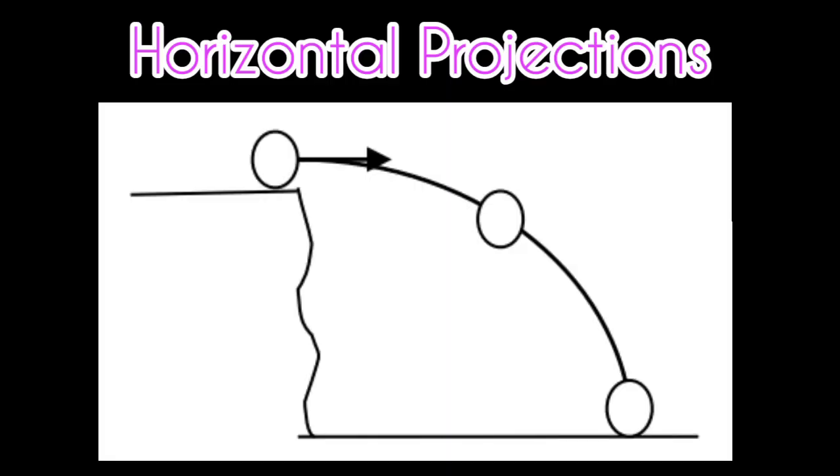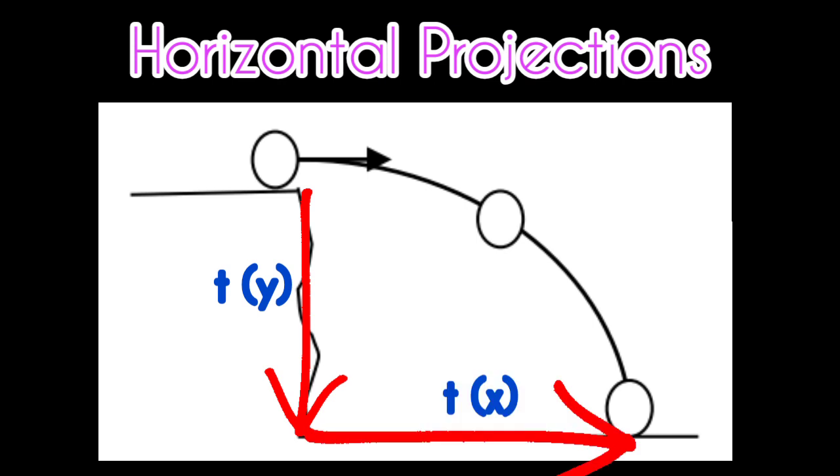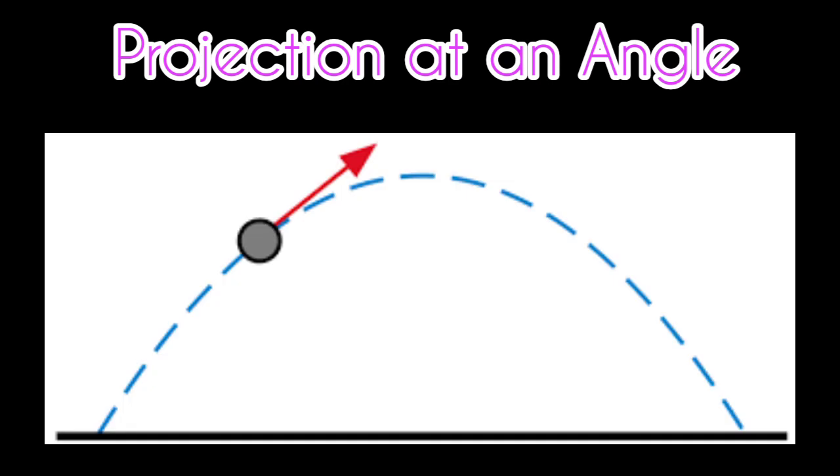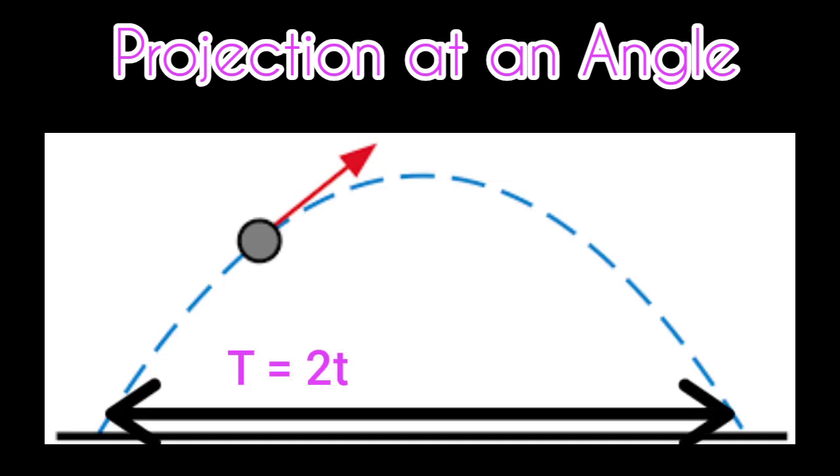Note that in horizontal projections like this, the time that you will solve in either of the components will be the same time that you can use in the other component. However, you need to be very careful when using the time in angled projections like this, because the time in the x component here will be the doubled value of the time in the y component.